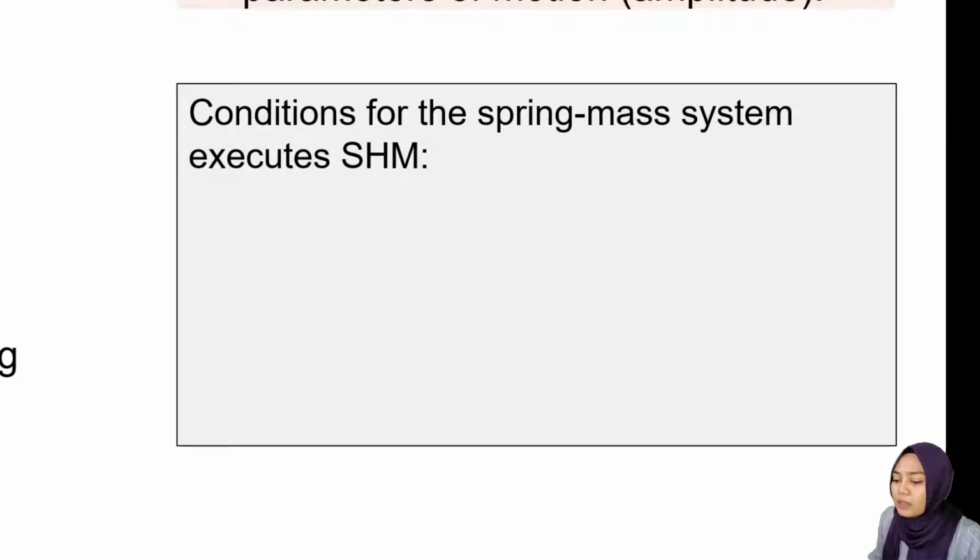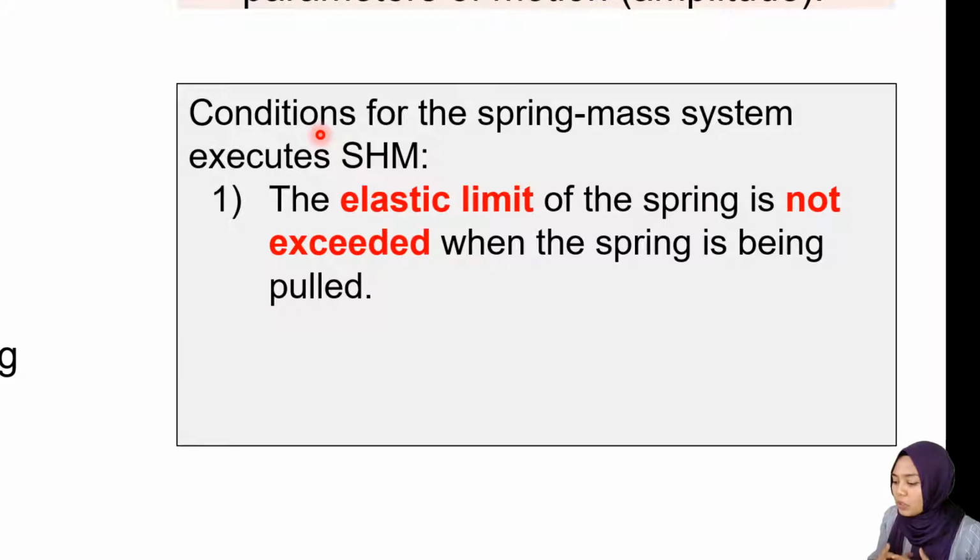But to make sure that these equations can be used, and that mass and the spring constant are the only parameters that affect the period, we have to meet these conditions. The first one, we have to make sure that the elastic limit is not exceeded. It means that when you pull out the spring, it will return to its original shape.